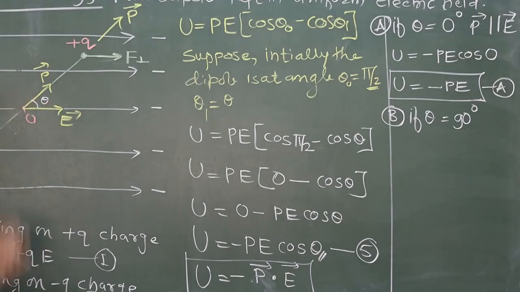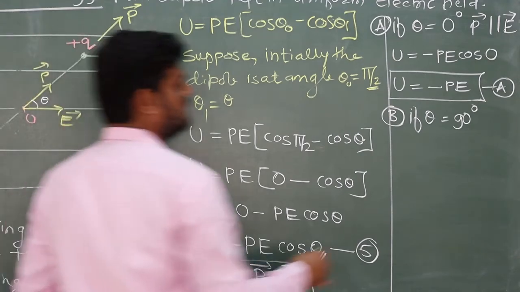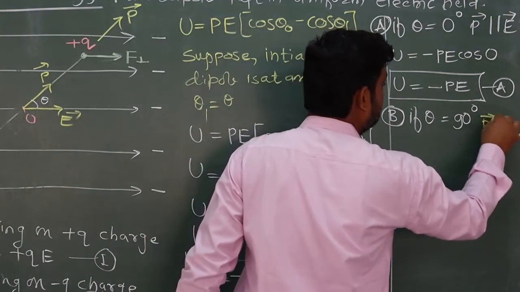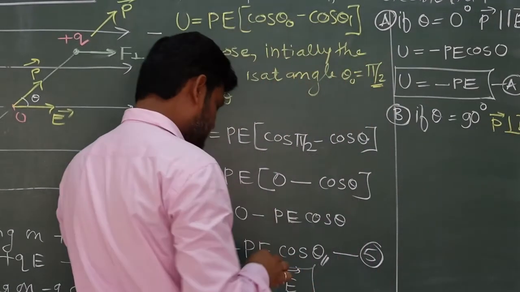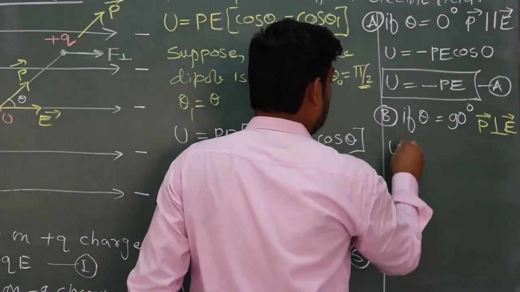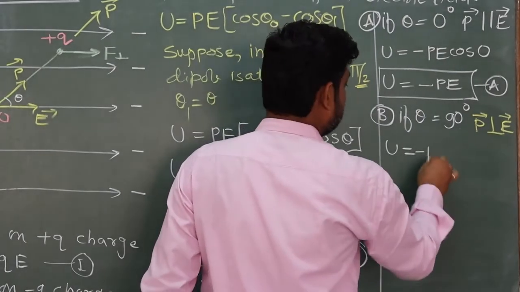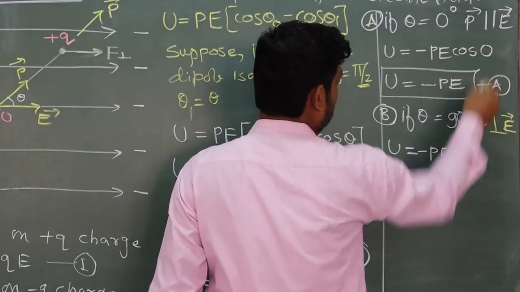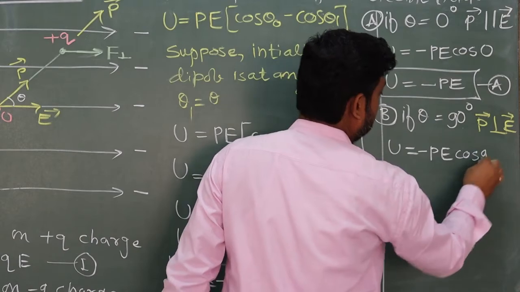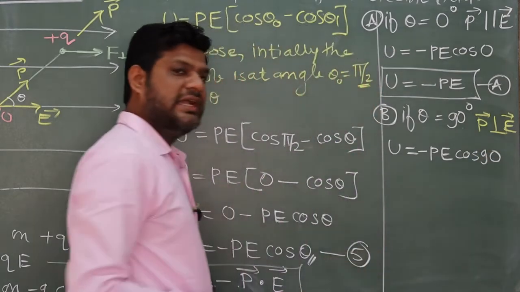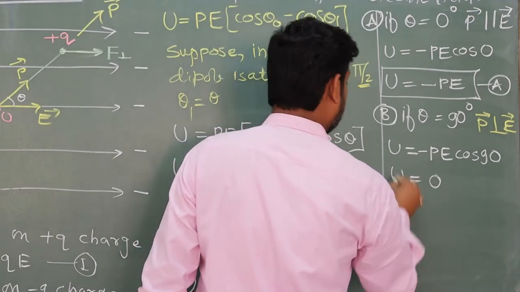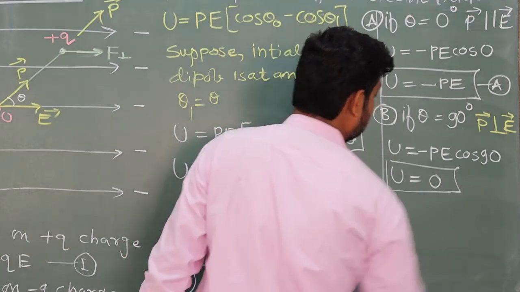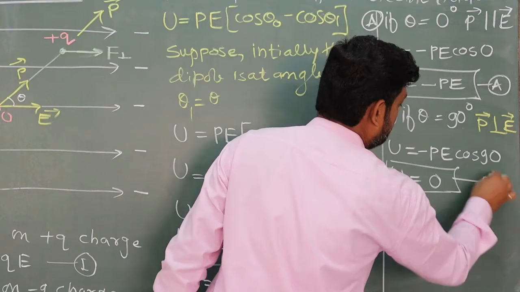So P and E at that time are perpendicular to each other. So U equal to minus of pE cos 90. As we know that cos 90 is 0, so we will write U equal to 0. Potential energy becomes 0. This is equation number B.